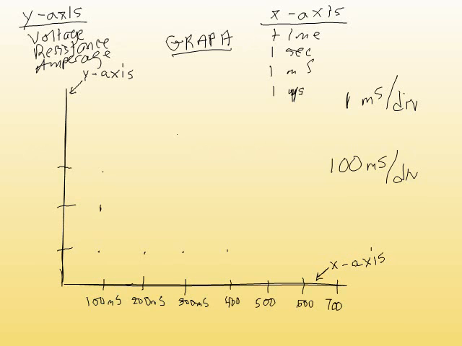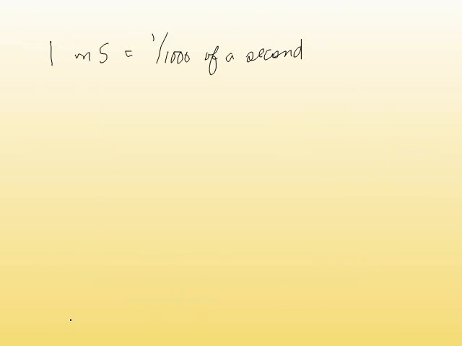Now I think we need to go back and refresh your memory on milli. What does that mean? 1 millisecond is equal to 1/1000th of a second. So imagine me having a second in time, and now imagine me dividing that second into 1,000 parts, and then taking one of those parts.